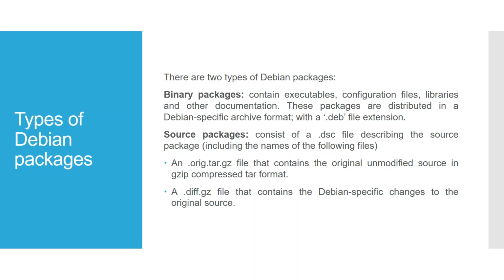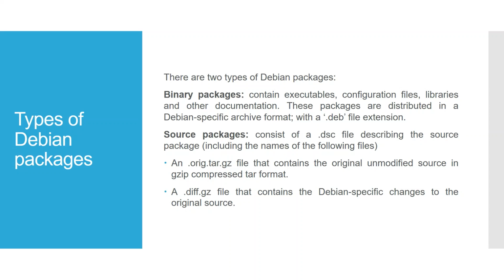Next is about the types of Debian packages. We are now concentrating on the Debian OS itself. We have two types, which are binary packages and source packages. Binary packages normally contain executables, configuration files, libraries, and other documentation.